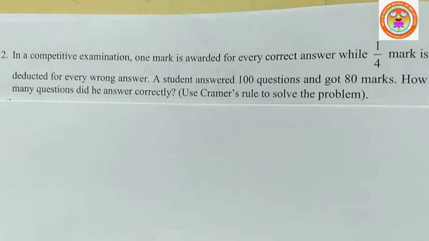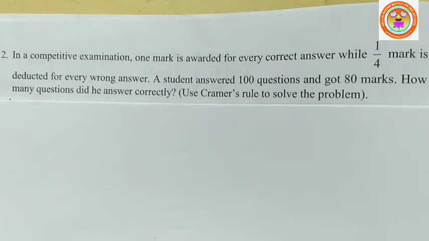Similarly, it is given that 1 mark is awarded for every correct answer. So we took x as the number of questions answered correctly, so 1 into x. Then 1/4 mark is deducted for every wrong answer.